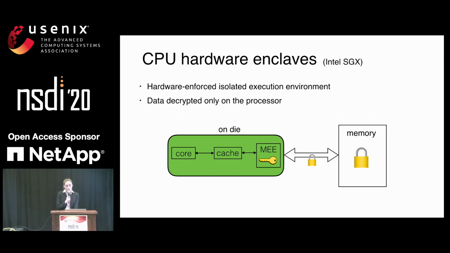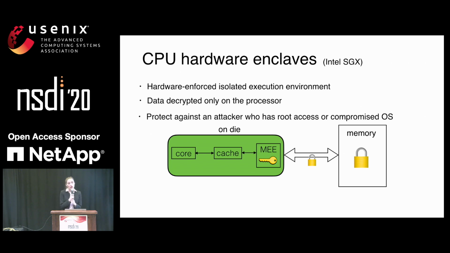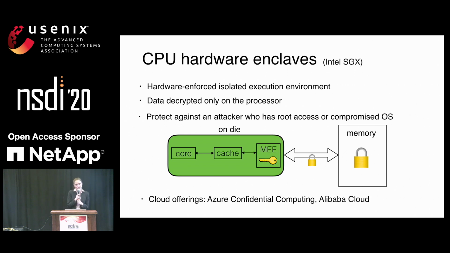The data is only decrypted inside the processor, and outside of the processor it's always encrypted. So even if an attacker compromised the operating system or the whole software stack, the attacker only gets to see encrypted data. And these are not just academic systems, they are actually used in industry. For example, there are cloud offerings such as Azure Confidential Computing and Alibaba Cloud.